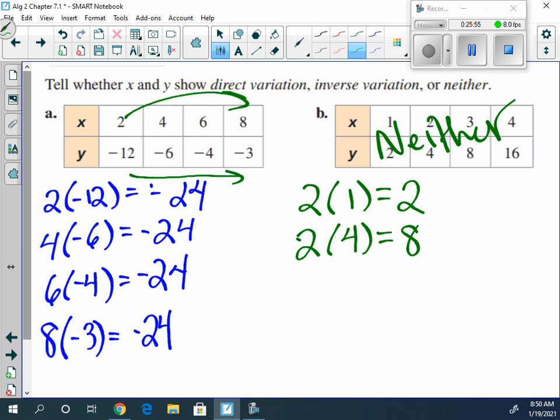It's decreasing to a smaller negative. Because as this is increasing, the other is technically... it's just that negatives are a little tricky that way.